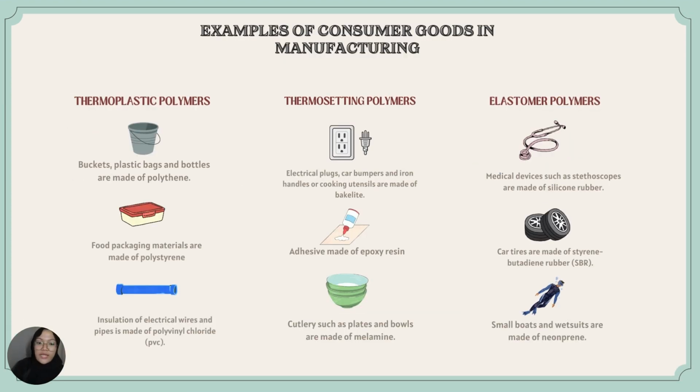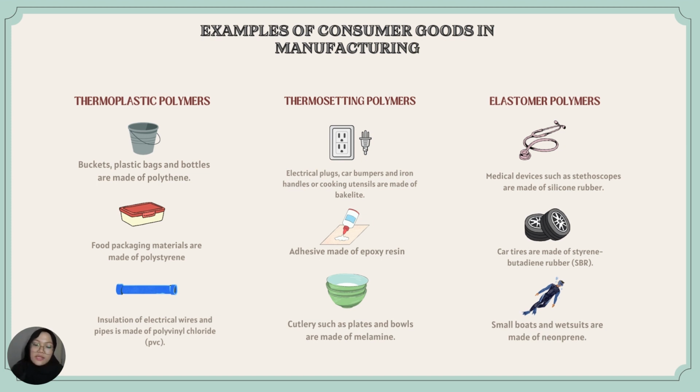Examples of consumer goods manufactured in our daily life. There are a lot of items in our daily life made of polymers. Thermoplastic polymers, like baskets, plastic bags, and bottles, are made of polythene. Food packaging materials that we use every day in a cafe are made of polystyrene. Insulation of electrical wires and pipes is made of PVC.